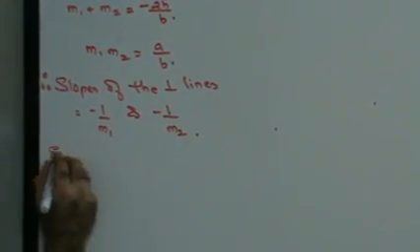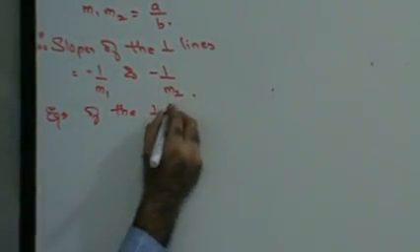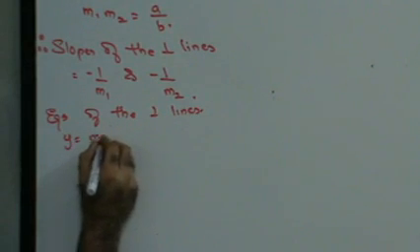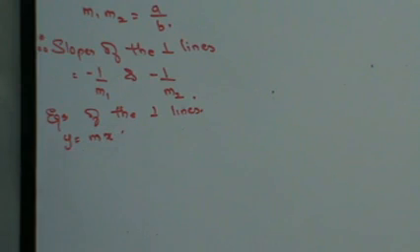Once I know the slopes of the perpendicular lines, then I can say that the equations of the perpendicular lines are y is equal to mx, since they are lines passing through the origin. Equation of line passing through the origin is y is equal to mx.